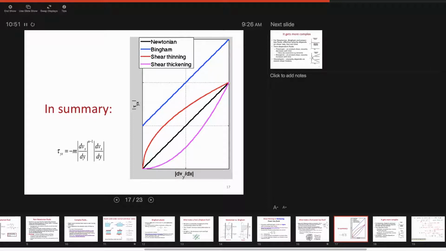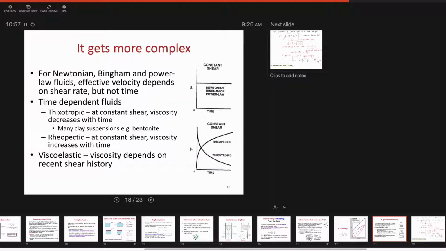The tau yx, yes, dvx/dy. Yeah, it should. That was a test. Alright, so I'll have to actually remember to change it so that I don't have it the same way for next year again.